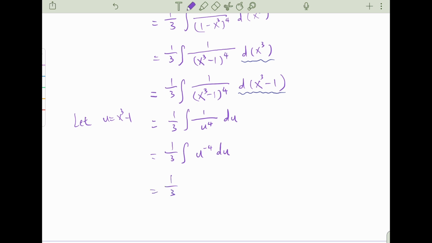So it becomes u to the negative 3, right? So it's 1 over negative 3, right? u to the negative 3 plus c.